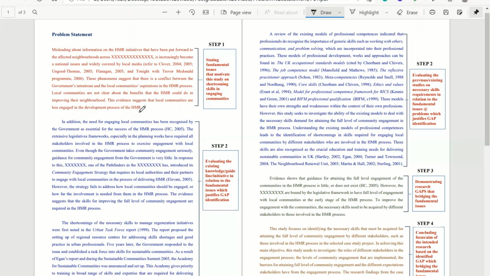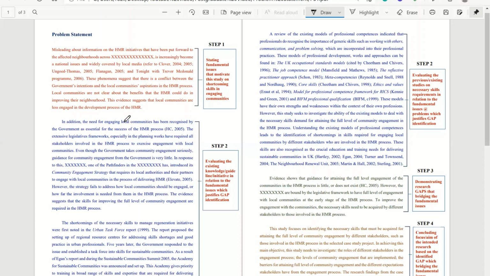So we look at here. There is a sentence to strengthen the argument of this researcher, saying that the evidence suggests that local communities are less engaged in the development process of the program imposed in their neighborhood.